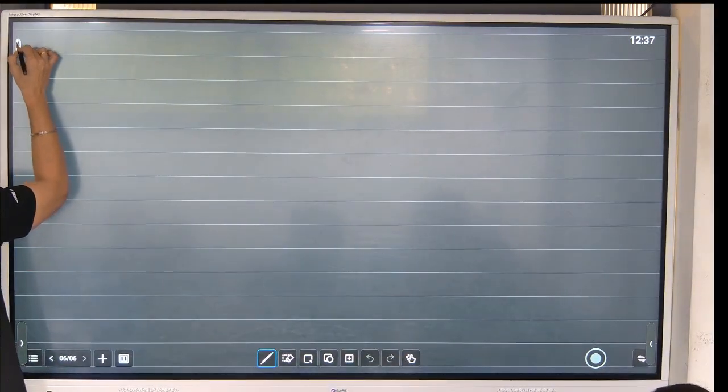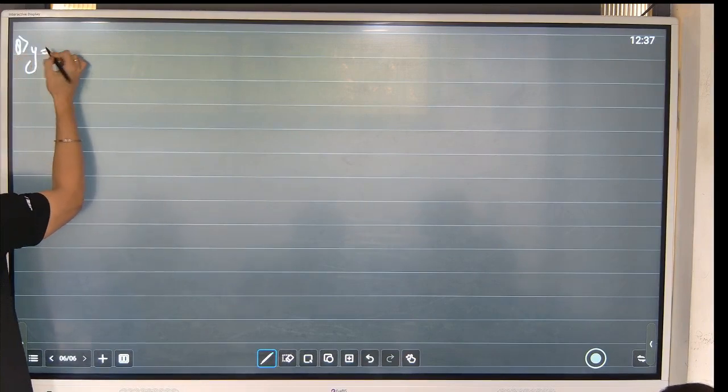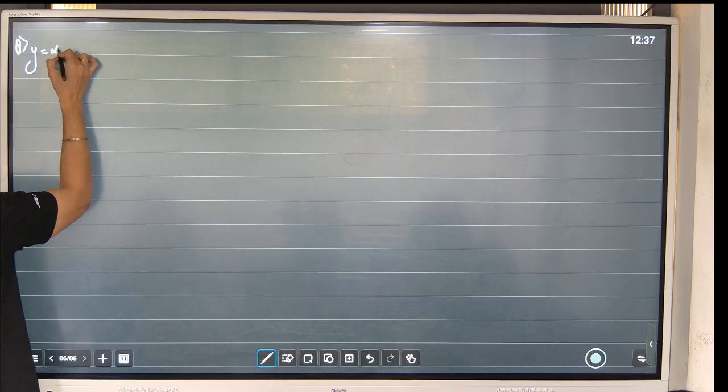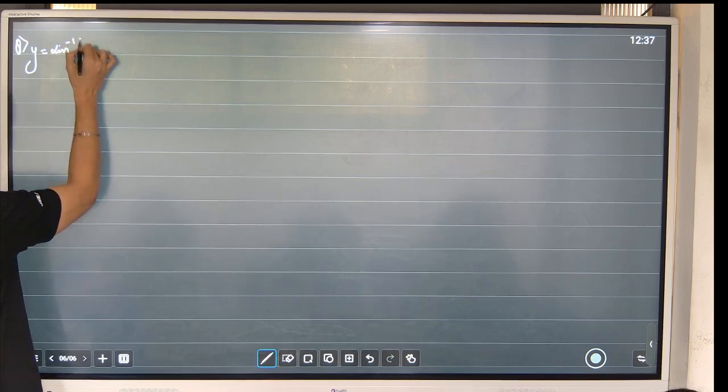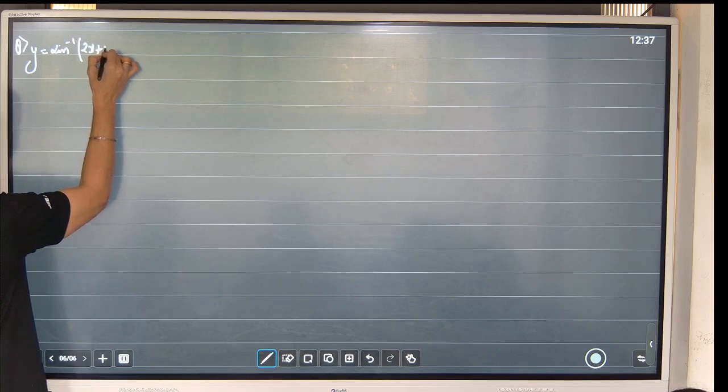Now, y is equal to sine inverse of 2x plus 1.